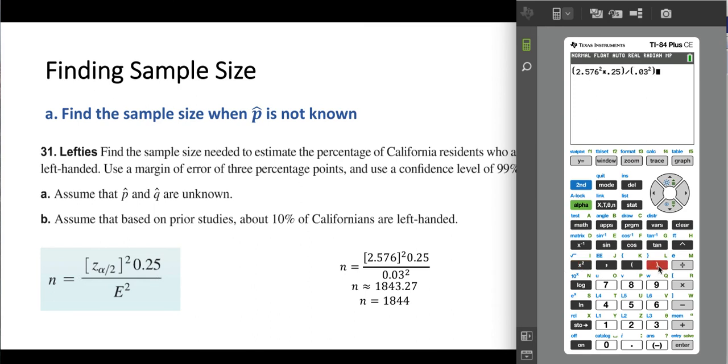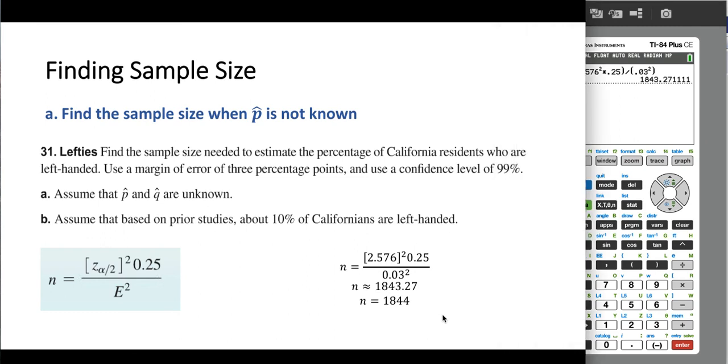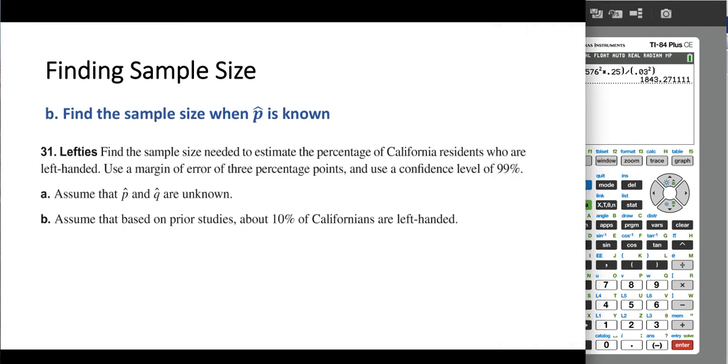So this is what it looks like when you type it in your calculator. And notice you get a value of 1843.271111, and we're using those rounding rules. Remember, we're always rounding up no matter what, and so the sample size needed is 1,844.